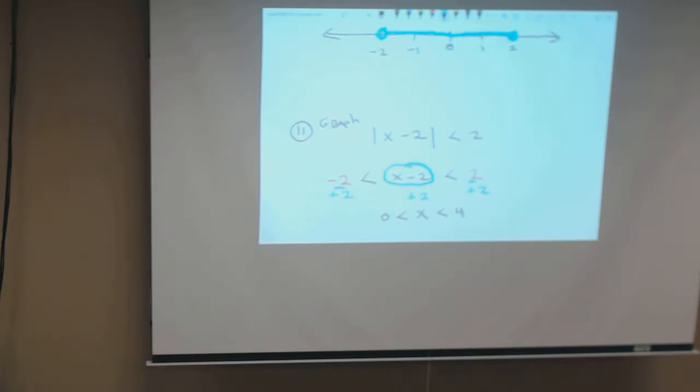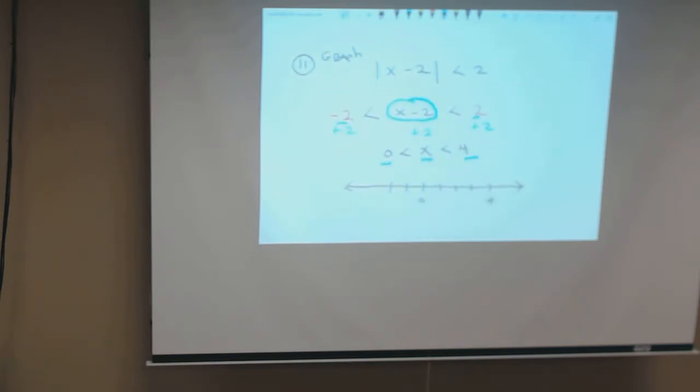So I want x, so I add 2 here in the middle, I add 2 here, I add 2 here, and I come up with 0 is less than x is less than 4. And since it says graph it, I put a circle at 4, a circle at 0, and connect in between.